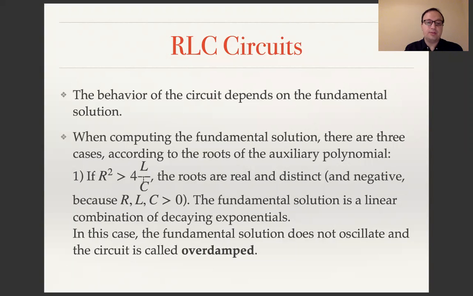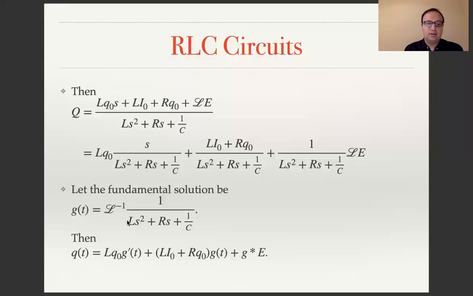If R squared is bigger than 4L over C, then the auxiliary polynomial has real roots. So the discriminant of the quadratic equation Ls squared plus Rs plus 1 over C equal to 0 is R squared minus 4L over C. So if the discriminant is positive, then we have distinct real roots.